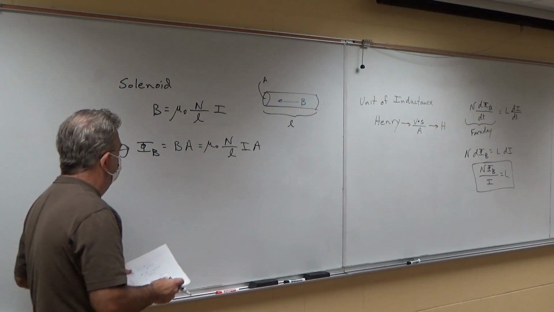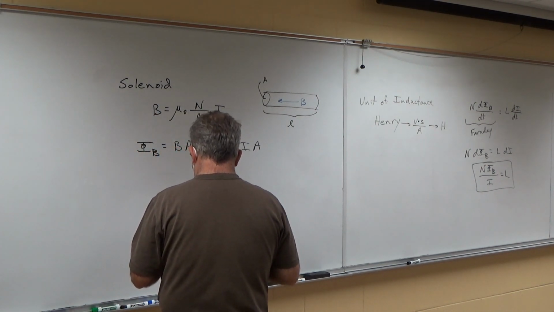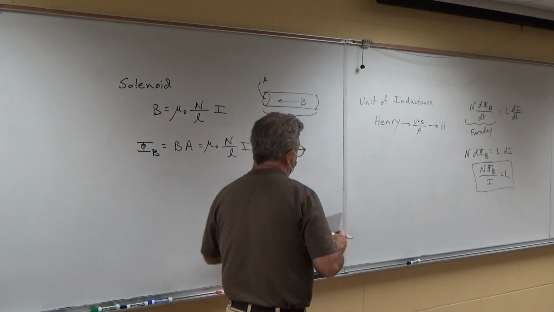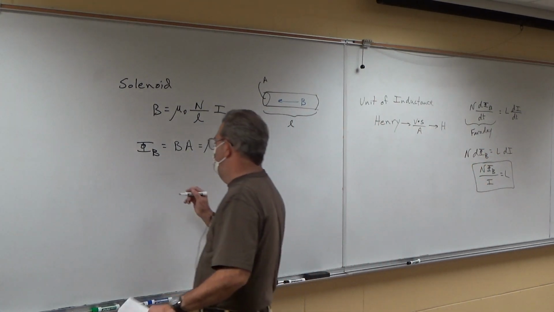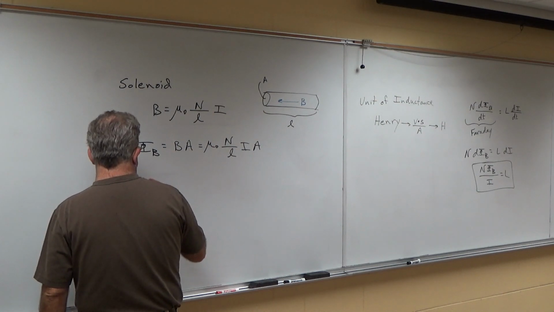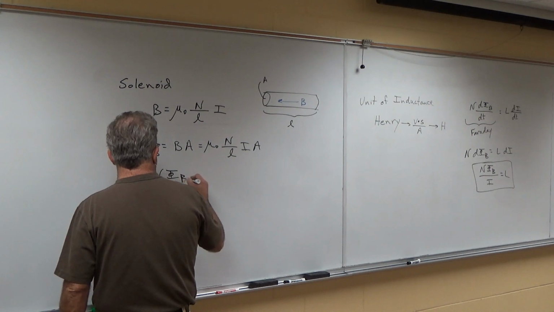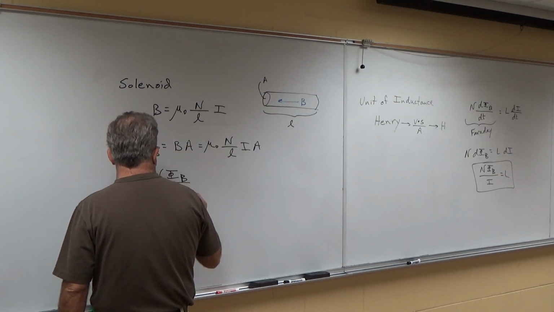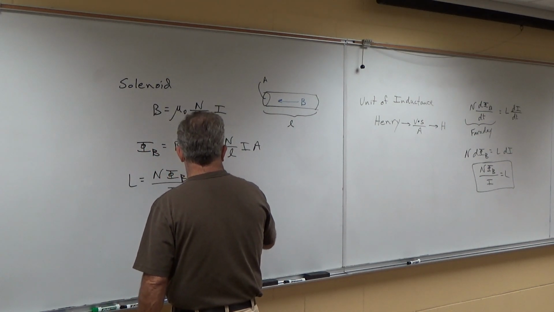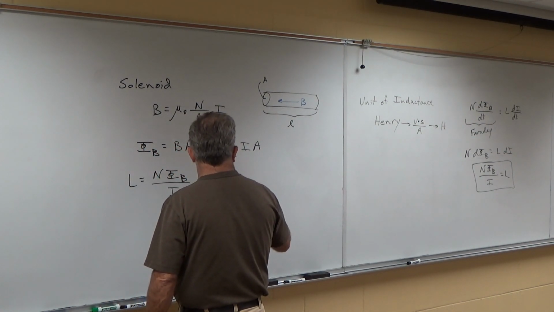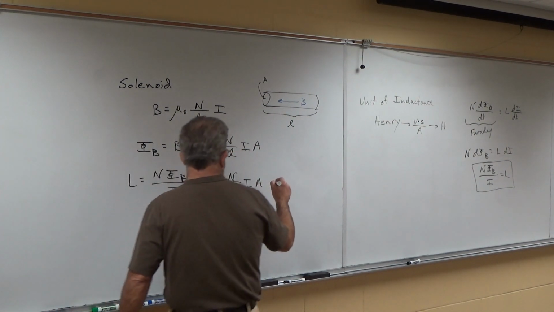Now, I'm going to equate that to L. I'm going to equate that to this. Okay, L, the inductance, is equal to N phi B divided by I. So this is equal to mu naught N over L I A. Then I have to multiply by N over I.